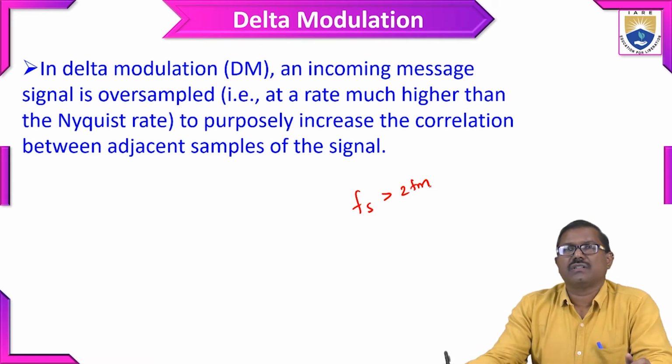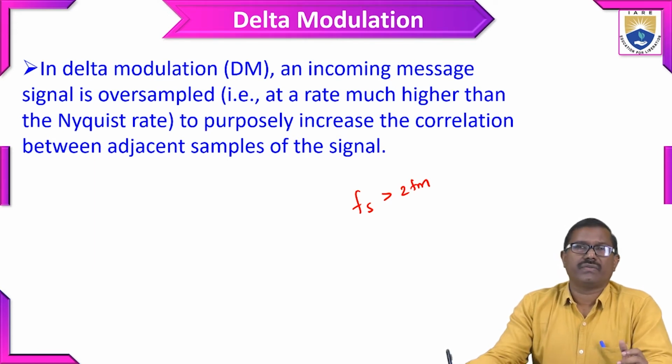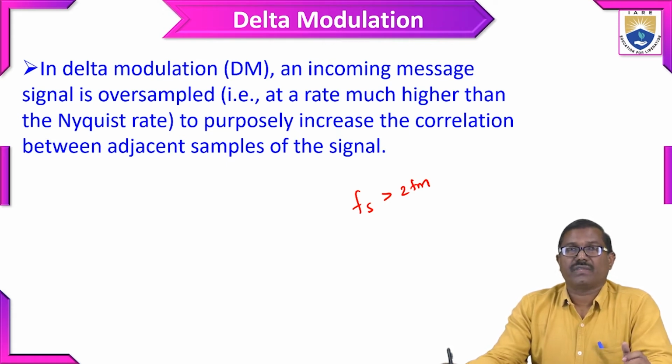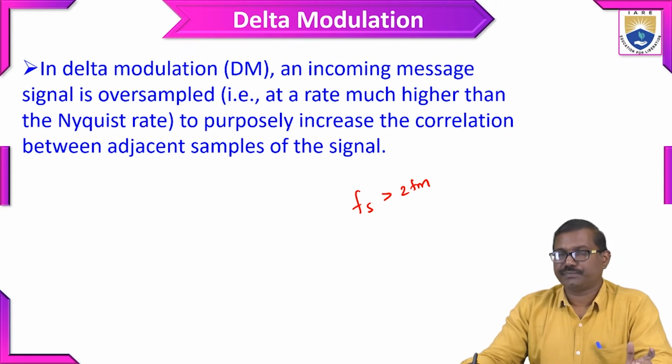Whenever you increase the correlation between adjacent samples, we can estimate easily from one sample to another sample. That's why in delta modulation we oversample.